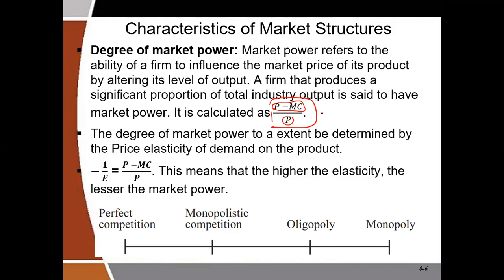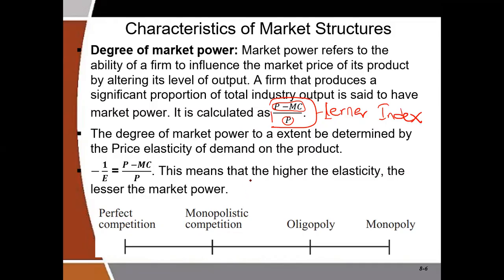And this means that you have a very high degree of market power. So this formula here is actually called the Lerner index, okay? And it tells the degree of market power of the firm. What it means is that the higher the Lerner index, the higher the market power. The lower the Lerner index, the lower the market power.